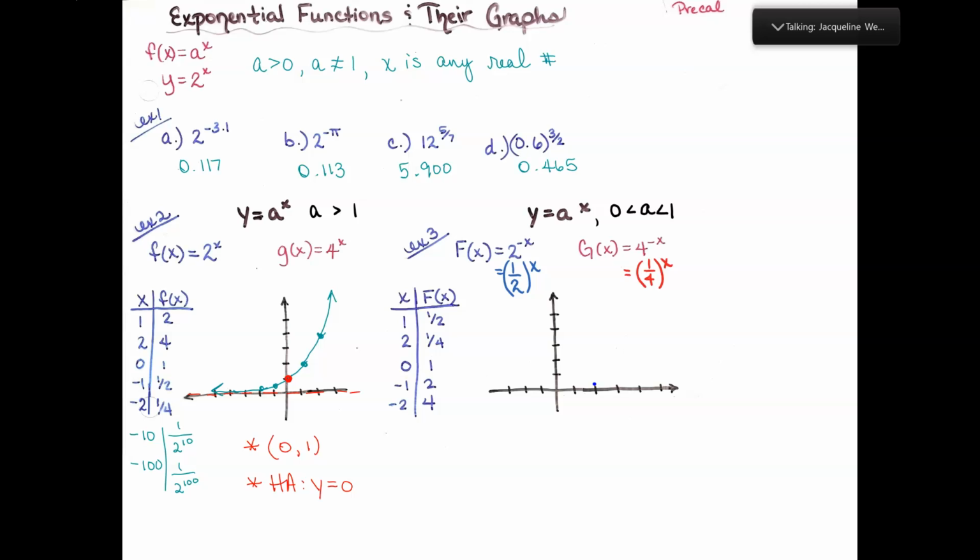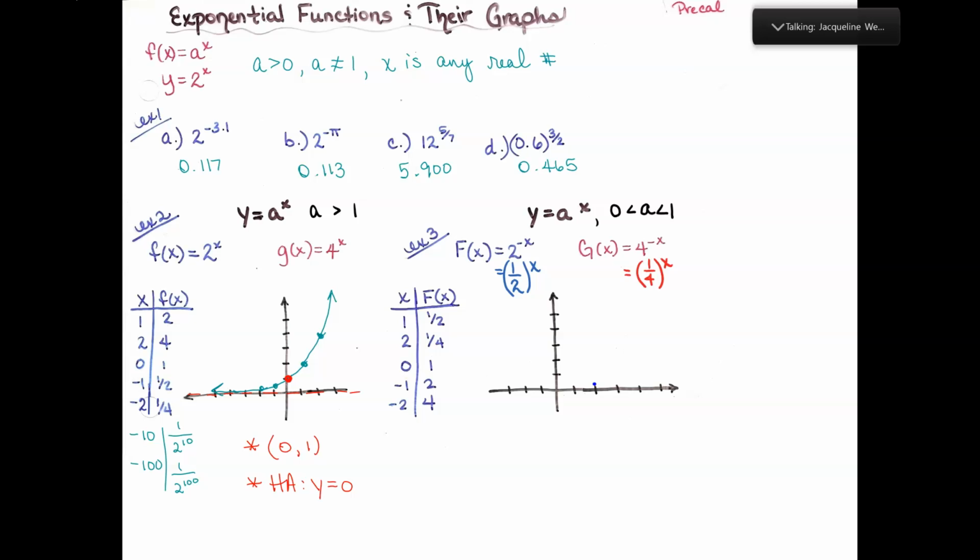I know that it's going to approach the asymptote, and I know that on the positive side of the graph, on the right-hand side of the graph, it's going to be going off to infinity. Really, the only thing I don't know is how steep it's going to be. Like, is it going to be narrow, or is it going to be a little flatter? I really just need one point over here to help me figure out how steep this is going to be.